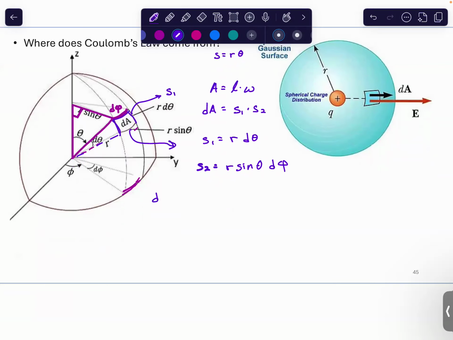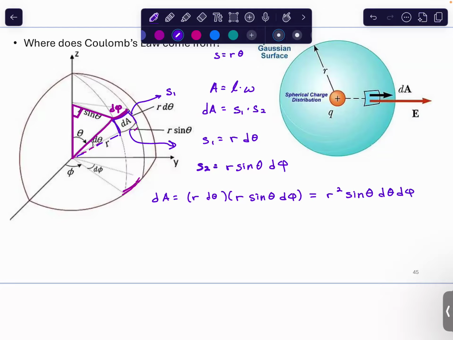And so then your differential area is going to be r d theta, r sine of theta d phi, or your area element is going to be r squared sine of theta d theta d phi.